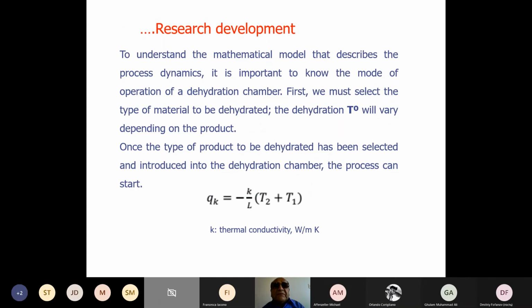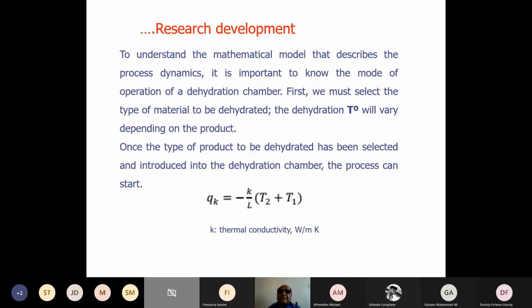To understand the mathematical model that describes the process dynamic, it is important to know the model of operation of the rotation chambers. First, we must select the type of material to be dehydrated.